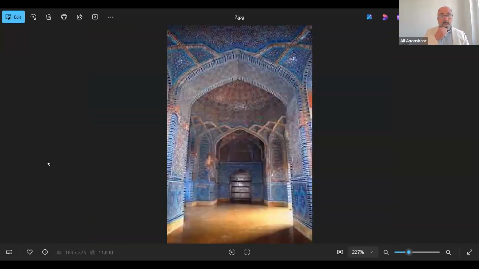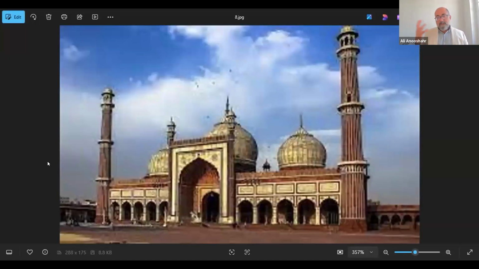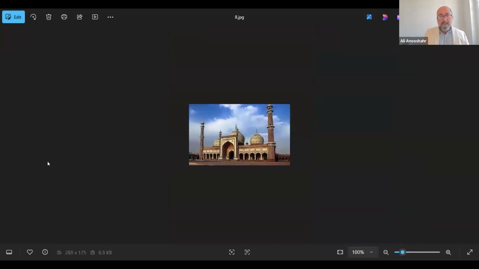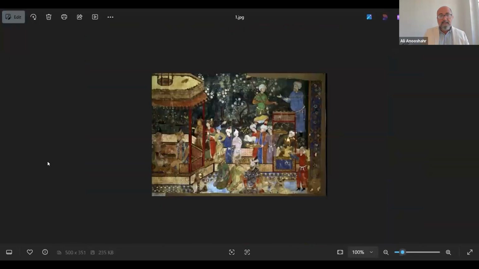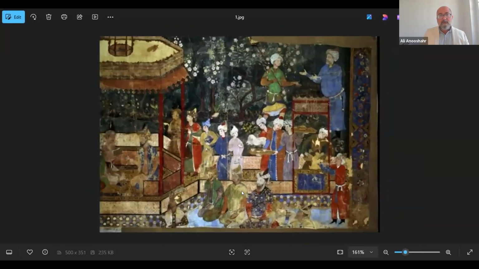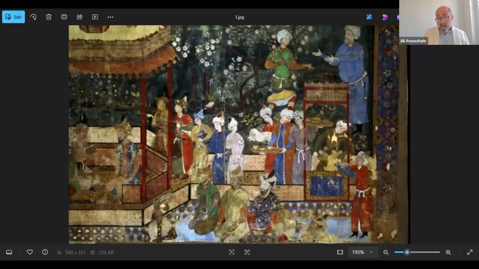Probably a little bit less known, the Shah Jahani Mosque in Thatta in Sindh, today's Pakistan, and of course the Jama Masjid of Delhi. These are all famous buildings that, when we think of Shah Jahan's reign, immediately come to mind, and they're known all around the world.